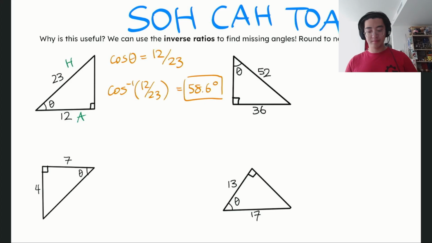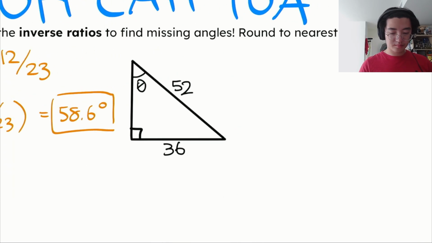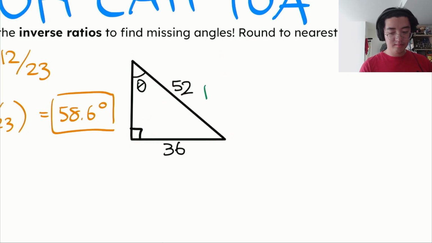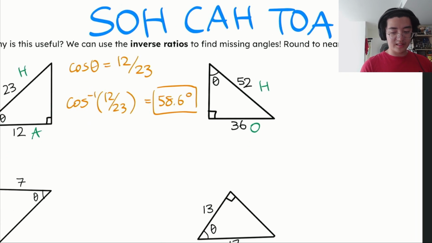Let's try another one. What sides do we have? This right here is the hypotenuse. This right here, across from the angle, is the opposite. The only ratio that uses hypotenuse and opposite is sine. Sine is opposite over hypotenuse.